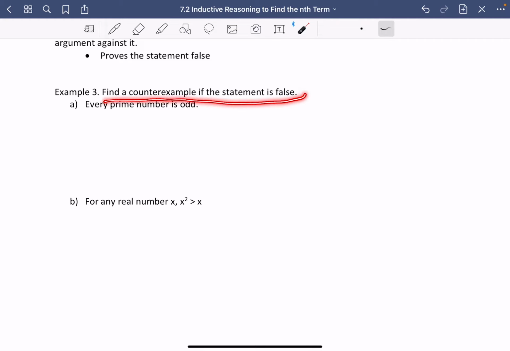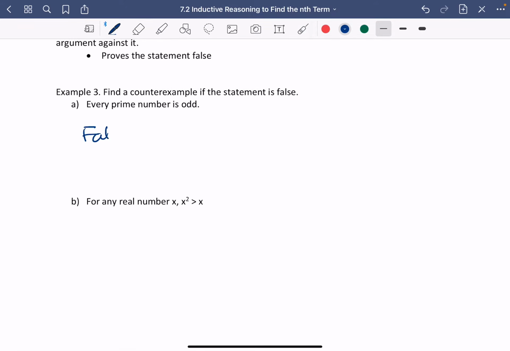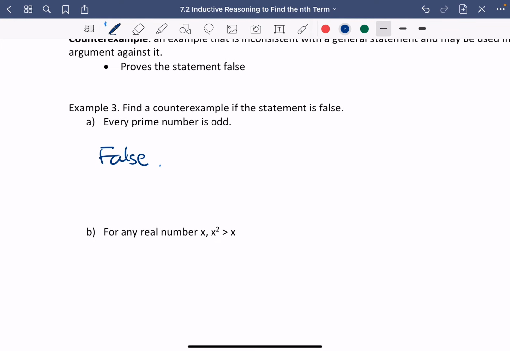Find a counterexample if the statement is false. Okay, so the first statement here says every prime number is odd. Well, is it true or false? Of course, it's false. Now, if you are saying that a statement is false, then you need to provide a counterexample to prove that it's false.